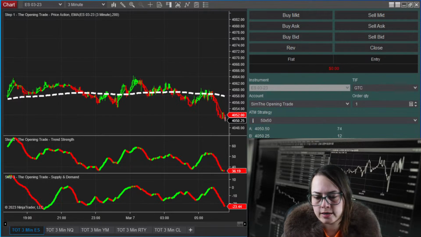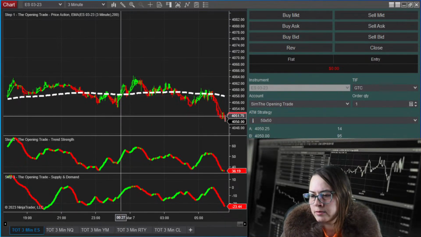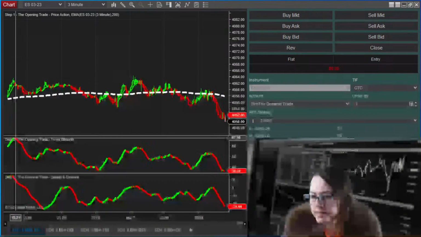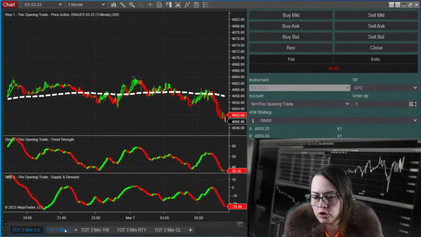Okay, so right now is the New York Open. We're seeing movement here on the S&P as it further goes below the 200 period EMA. So let's take a look at what the other charts are seeing currently.